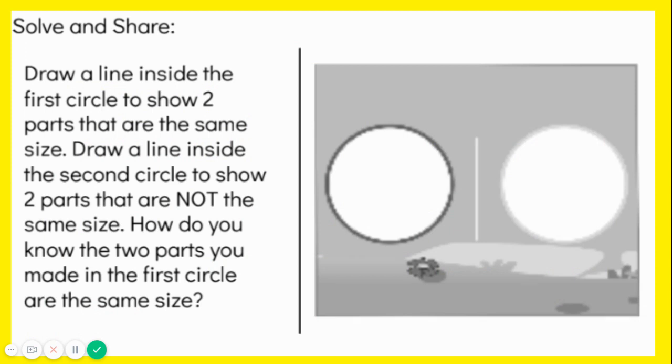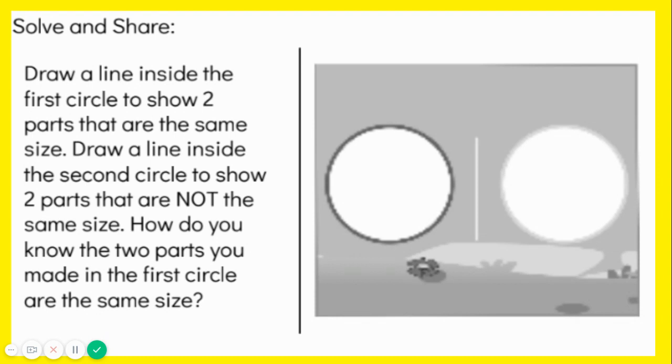All right, so let's look at the solve and share. It says to draw a line inside the first circle to show two parts that are the same size. Draw a line inside the second circle to show two parts that are not the same size. How do you know the two parts you made in the first circle are the same size?